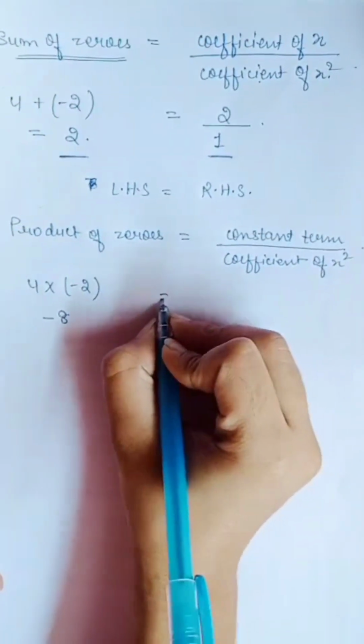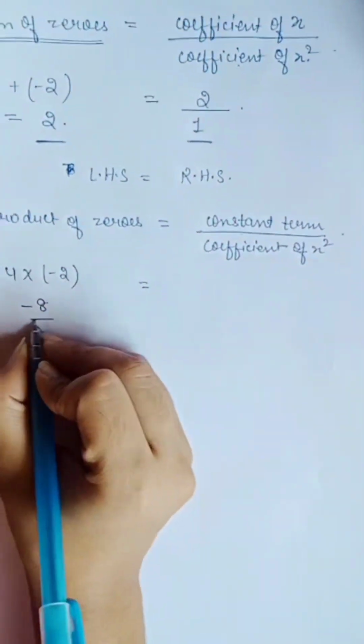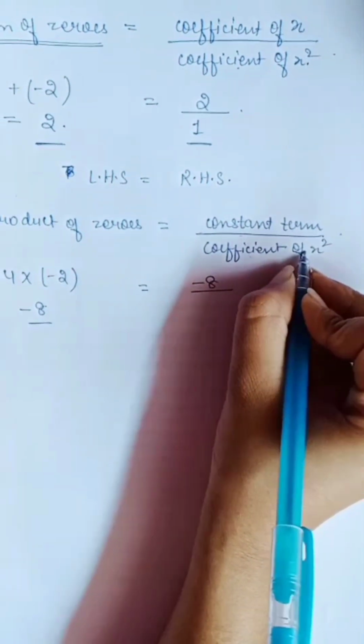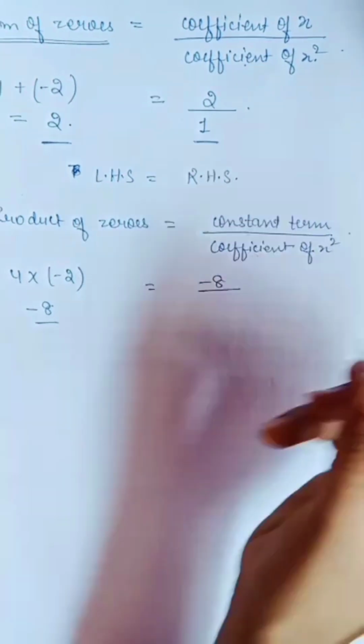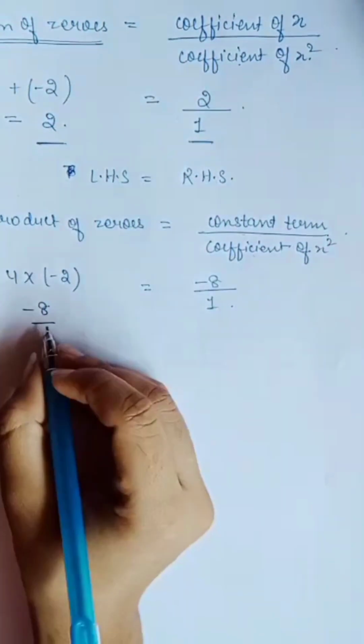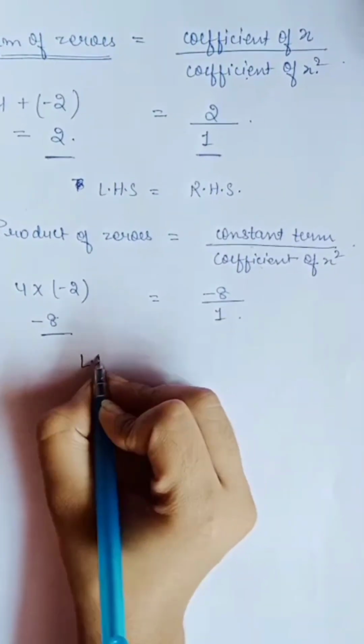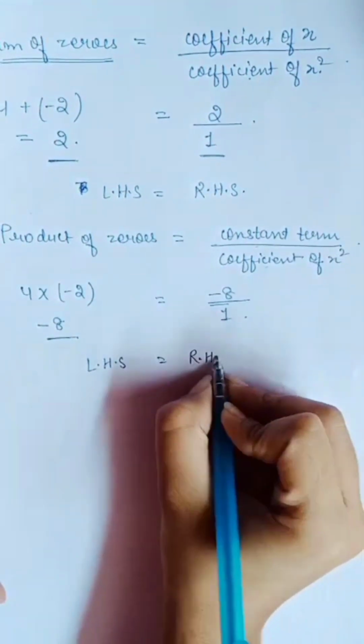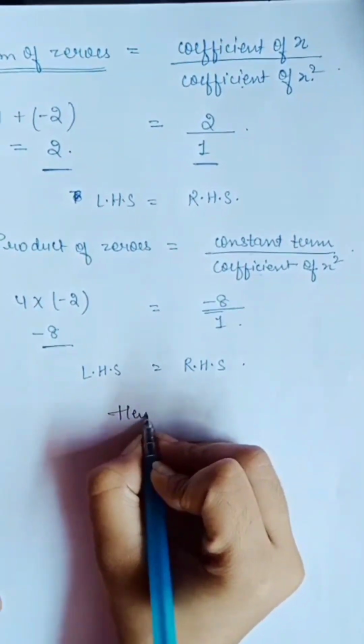Here we will get minus 8, and now here constant term, what will we get? Minus 8 upon coefficient of x square. What is the coefficient of x square in the polynomial? 1. Hence our LHS is equal to RHS. Hence proved.